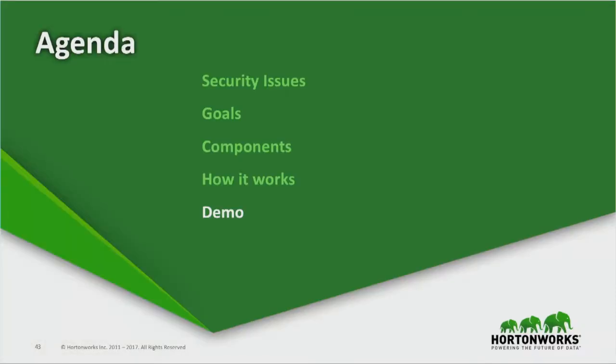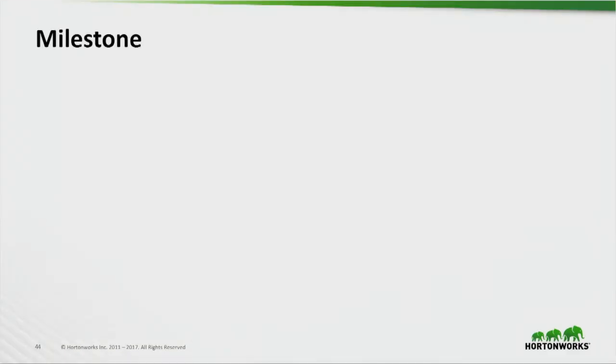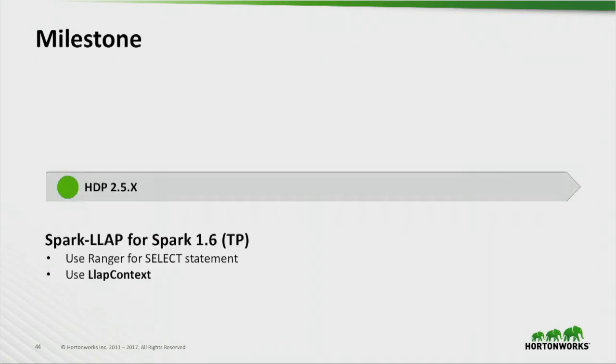Oh, yes. We already showed the demos. Apache Spark is the fastest developing project. Last month, Spark 2.1.1 was released, and HDP shipped the same version. In Spark LLAP, we split the development. Jason developed the Spark LLAP for Spark 1.6 last year.